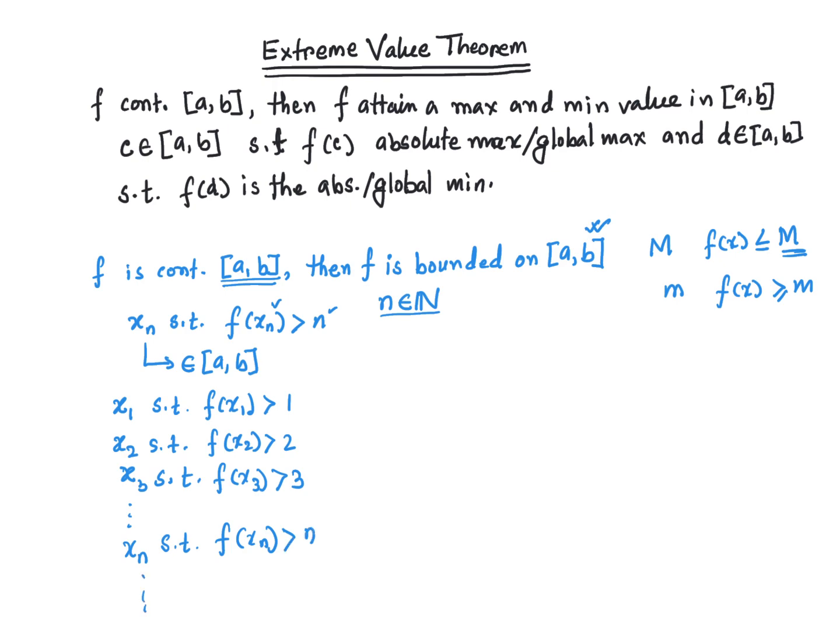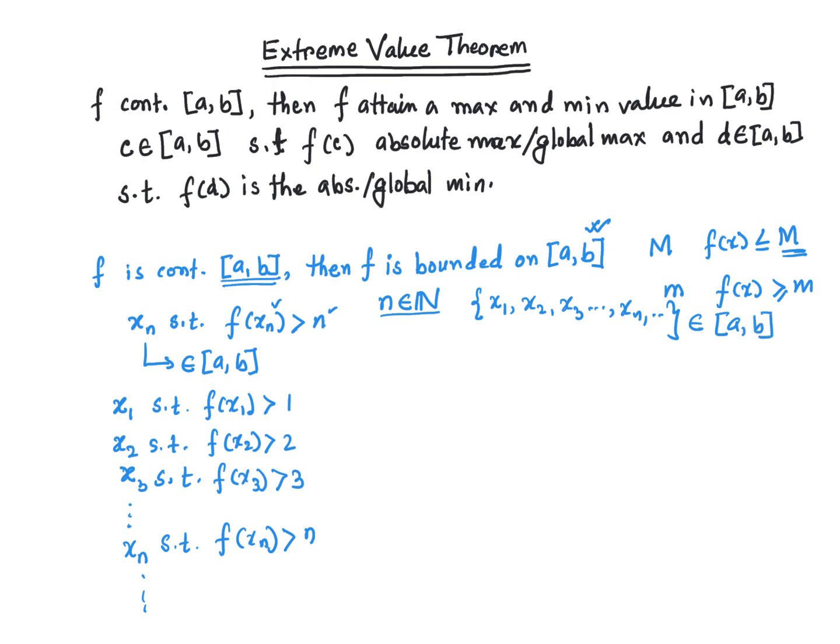And it keeps going. So in essence, we have created a sequence of numbers, x sub 1, x sub 2, x sub 3, dot dot dot, x sub n, and it keeps going. All of these numbers are elements of the closed interval [a, b].